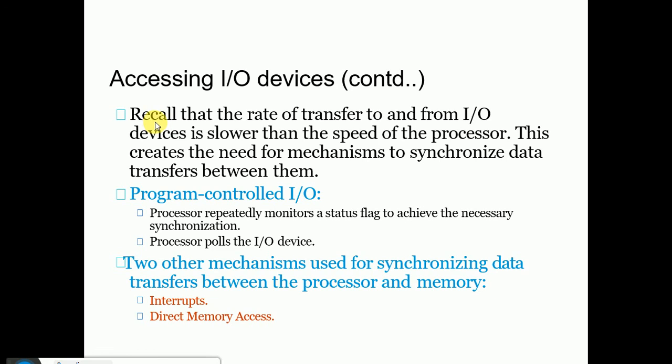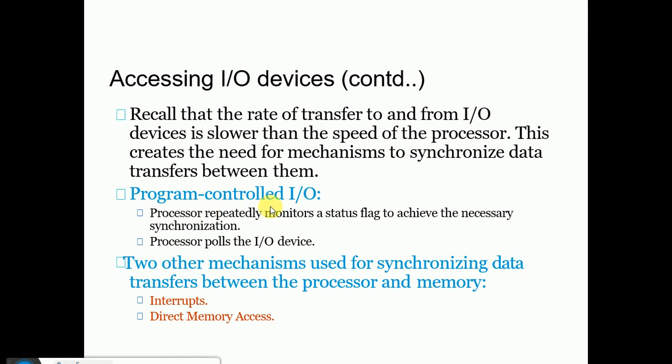Recall that the rate of transfer to and from an input output device is slower than the speed of the processor, definitely, because if they are different, there will be a problem, and this creates the need for a mechanism to synchronize data transfer between them. So we can have two kinds of approaches.